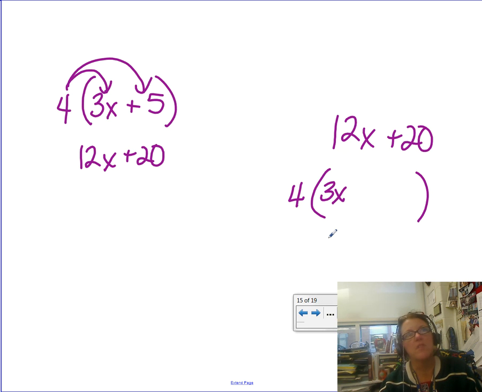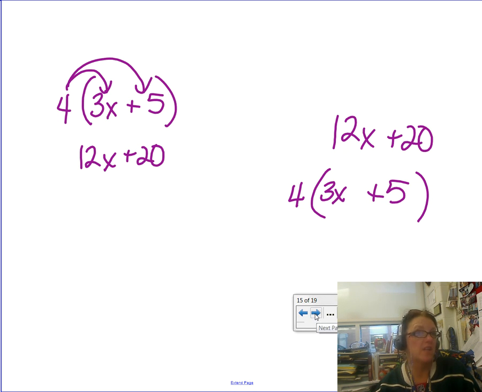Well, that'd be 3x. And then 4 times what would give you 20? 5. So you can go forwards and backwards with that distributive property. Just want you to see that. This is actually a way to factor this algebraic expression, and we get to do that in about chapter 8 and 9. Cool. So there's a little preview.